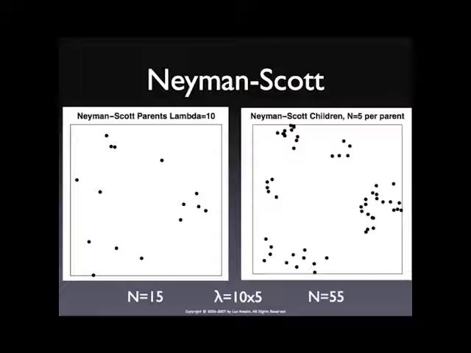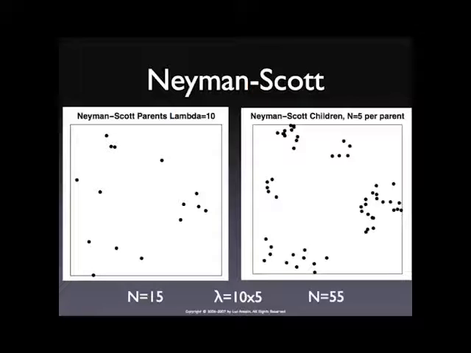Now the one thing that I didn't mention is that in most instances the parent points get kicked out of the final distribution, so they're only a means to get at the clustered points. Sometimes they're not, but in most applications you will see them kicked out. So if you think of your enterprise zone, the initial seed investment is not considered when you analyze whether the spin-offs are clustered or not.